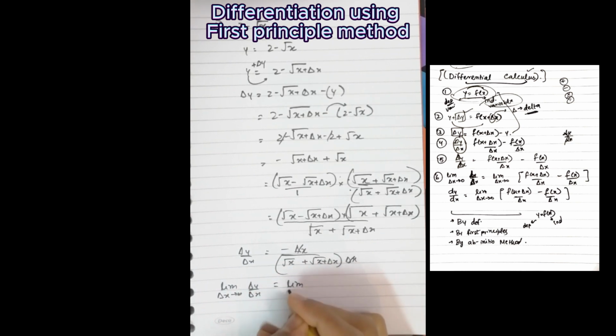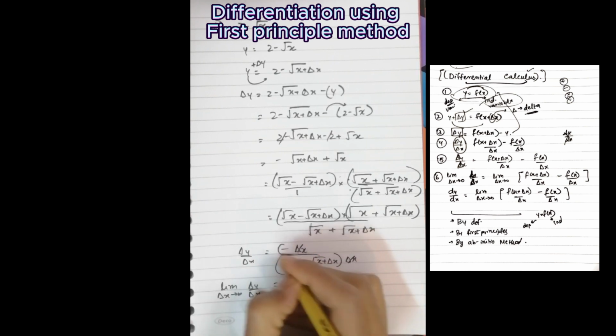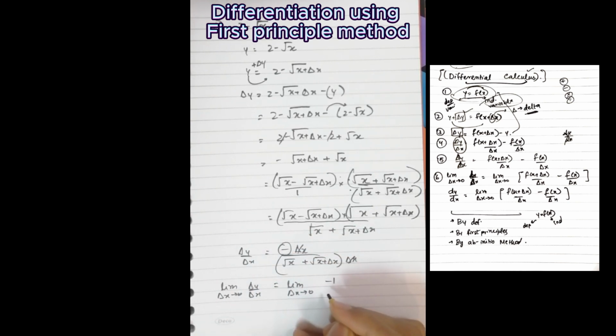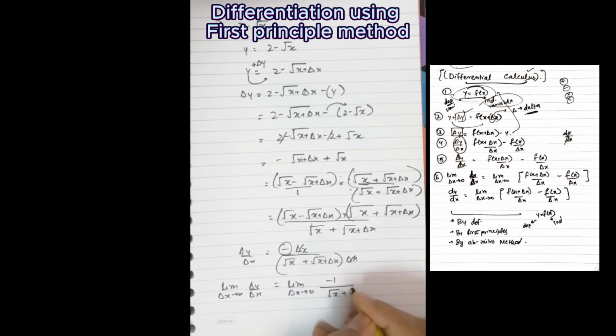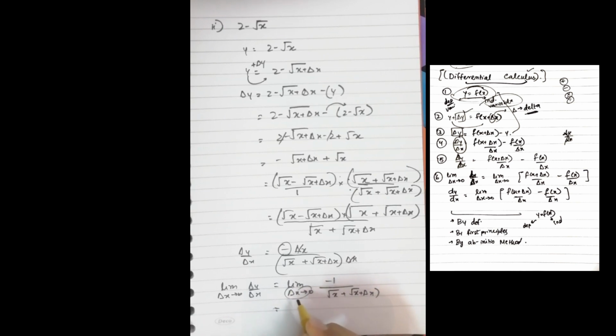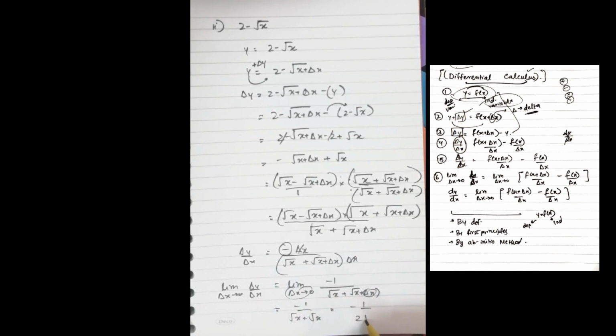So this is the limit as delta x approaches 0, and you have to remember that there is a negative sign over here which is represented by a negative 1, and in the denominator we have root x plus root x plus delta x. As delta x approaches 0, this becomes 0, and we get minus 1 over root x plus root x, that becomes minus 1 over 2 root x. You know that there is a 1 by default on the left hand side of the root.